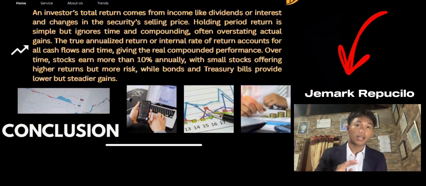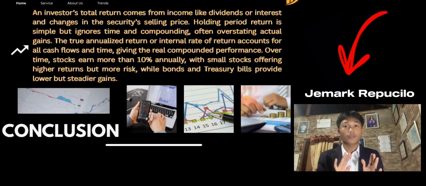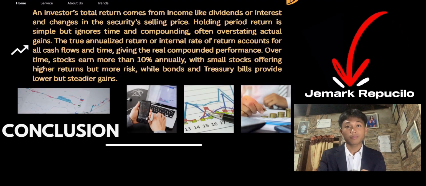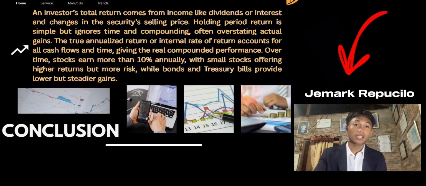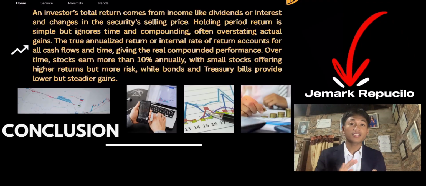The true annualized return, or internal rate of return, accounts for all cash flows and time, giving the real compounded performance. Over time, stocks earn more than 10% annually, with small stocks offering higher returns but more risk, while bonds and treasury bills provide lower but steadier gains.